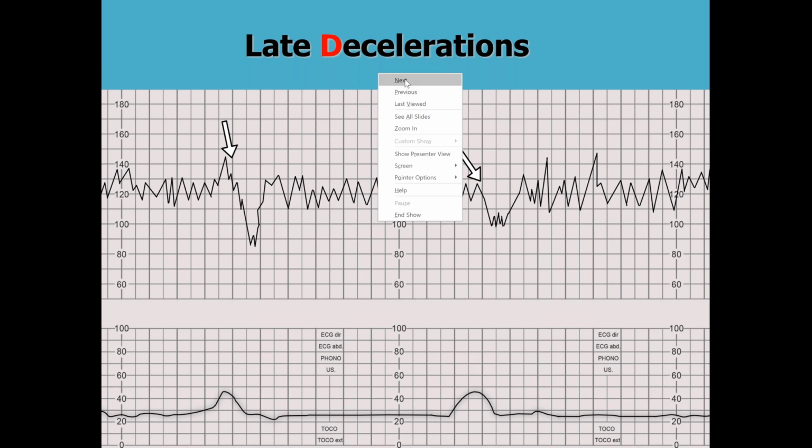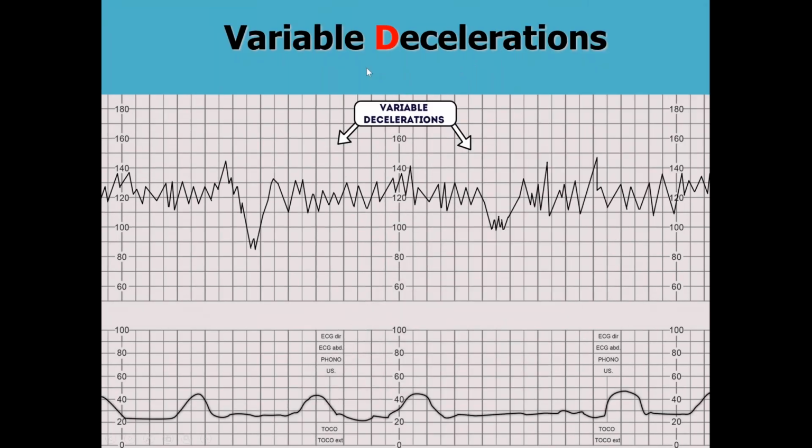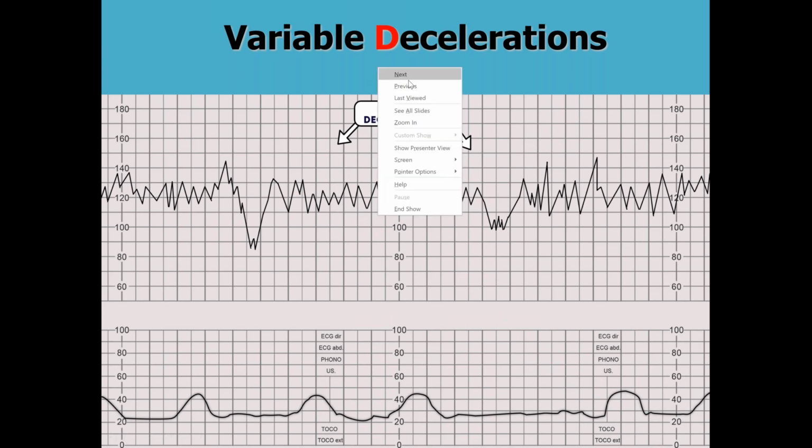And variable deceleration is caused by cord compression. So these are the causes of early, late and variable deceleration. Maybe this is an SPA question.